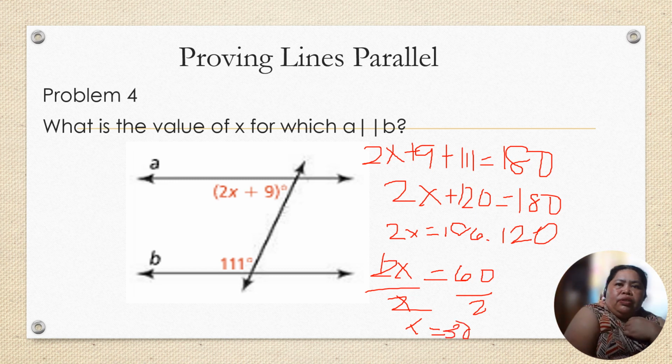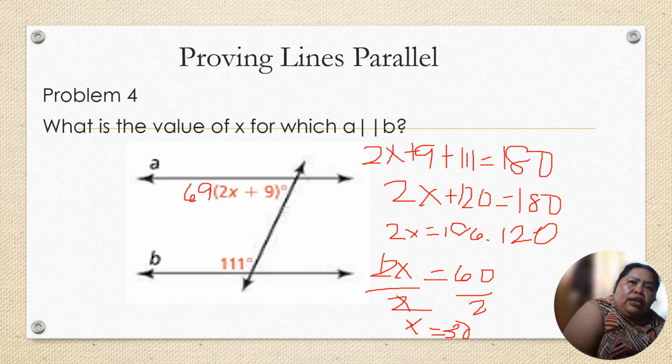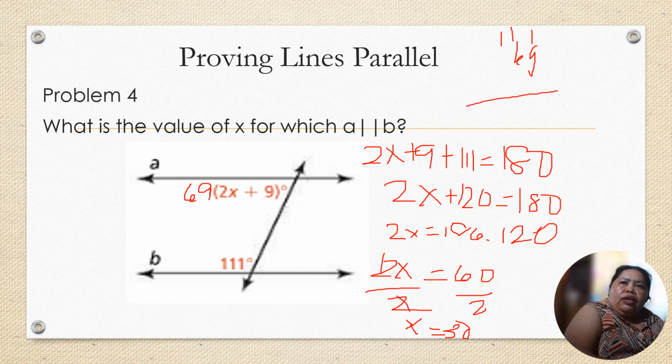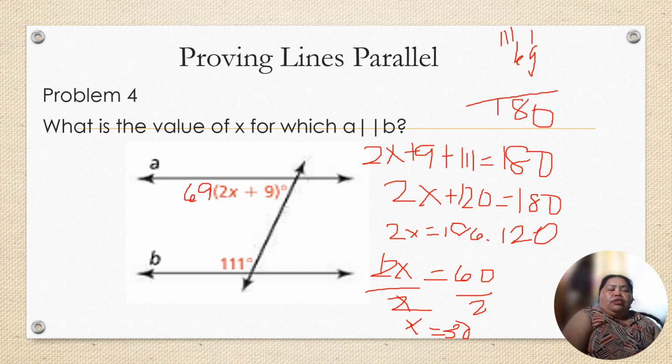Okay, so if x is 30, 2 times 30 is 60, plus 9 is 69. So this is 69, okay? 69 plus 111, we get 180. It's correct, no? Next.